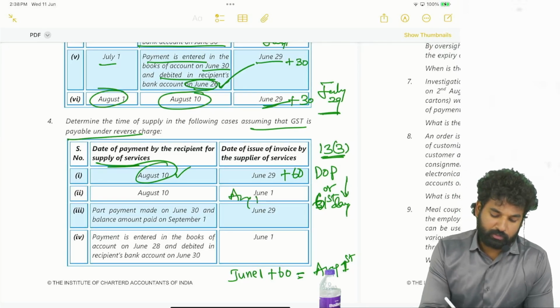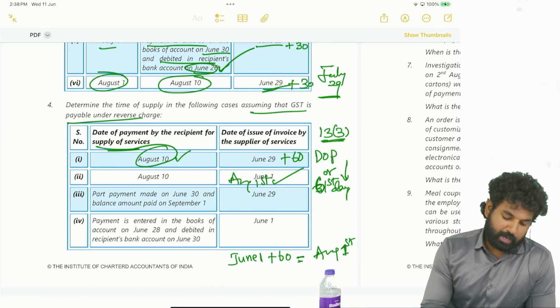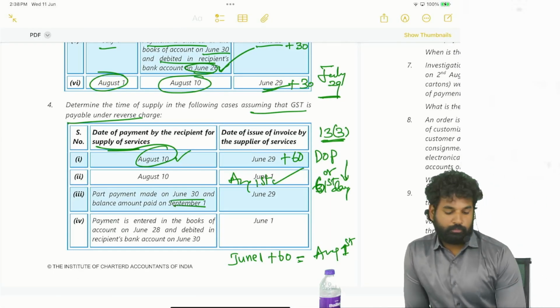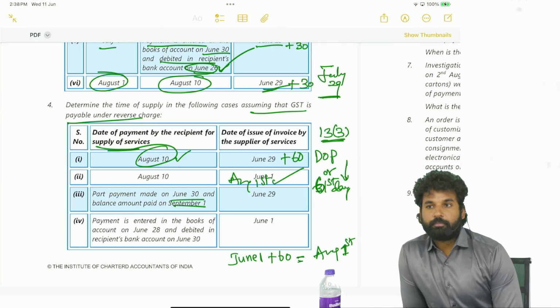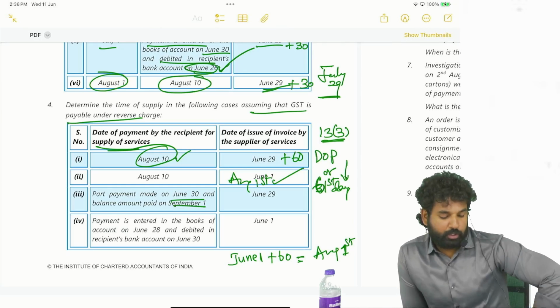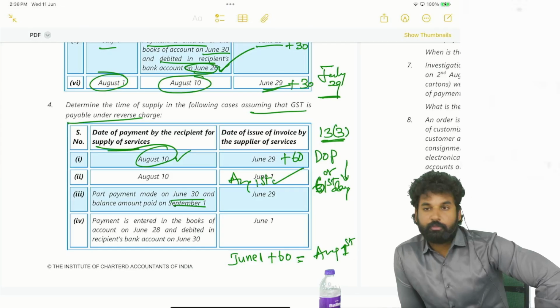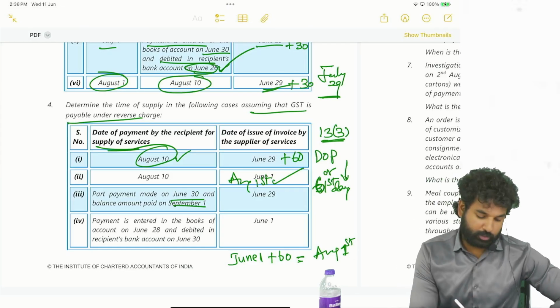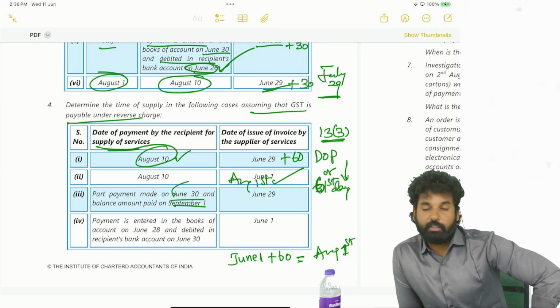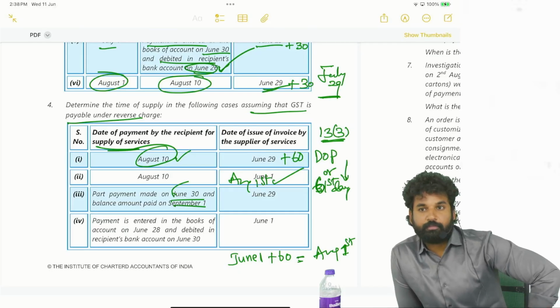August 1st. Part payment made on June 30, balance on September 1st. Two dates will come. June 30, June 29 plus 60. Which is earlier? June 30. Okay. September 1st, June 29 plus 60. Which is earlier?